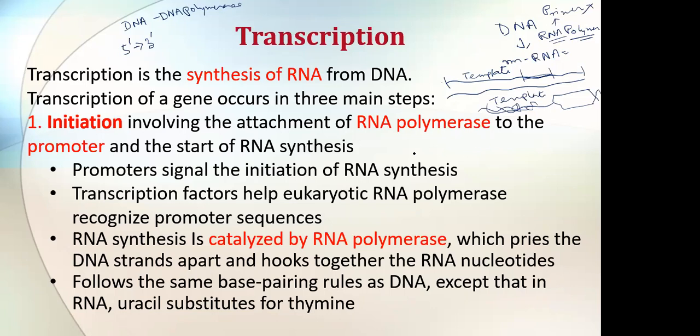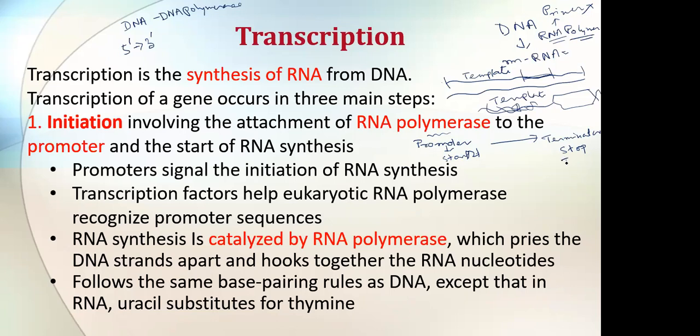Okay. Now, over here, what happens? Transcription starts from a region called the promoter. And at the end there is a region called the terminator, where DNA transcription stops. Now, what is the promoter region? The promoter region is a specific sequence of nucleotides, and the terminator region is also a specific sequence.